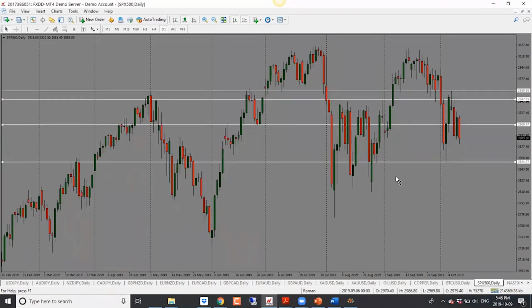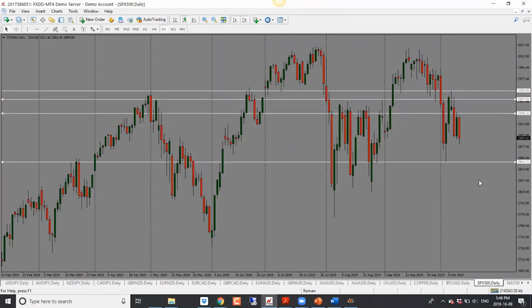S&P 500. So this is what I was saying. US and China trade negotiations falling apart is not a good thing for equity markets. So equity markets tend to drop, safe haven assets tend to go up under these circumstances. So again, it's really dependent on sentiment, because this is a sentiment-driven move more so than anything else.